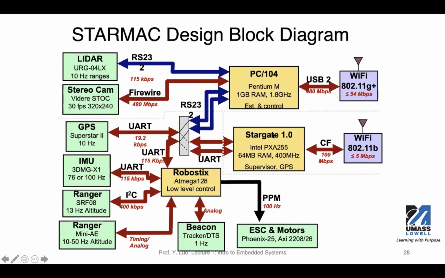In addition to these sensors, we have those yellow boxes. These are processors or computational units, and we have 3 different kinds. If you're curious about it, this RoboSticks is based on a Mega chip. This is a microcontroller; it's the same kind of microcontroller we use in our labs, but not the exact same model. This type of microcontroller can perform real-time control operations, so the low-level flight control is done using this microcontroller.